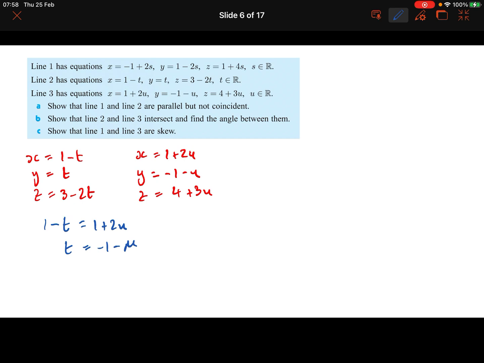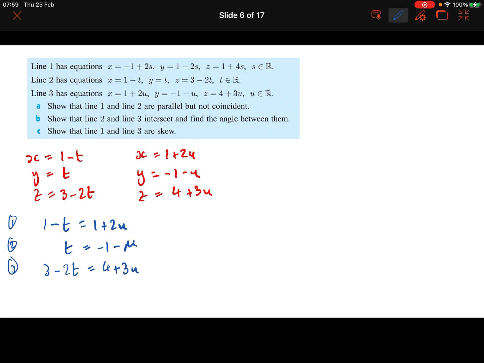And finally, when the two z values are equal to each other, 3 minus 2t would be equal to 4 plus 3u. So we've got some simultaneous equations here. Because there's only two variables, let's just call this equation 1, 2 and 3. I only need to use equations 1 and 2 to solve it, okay?